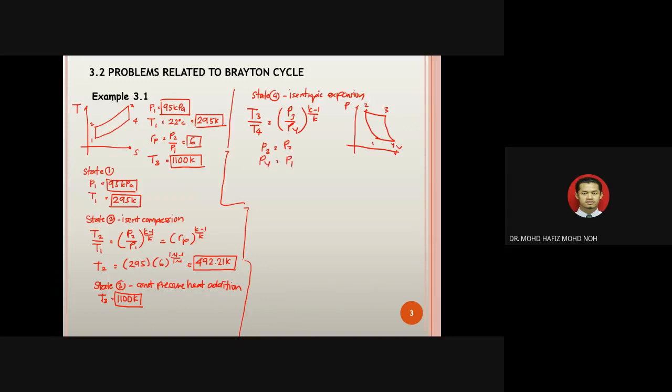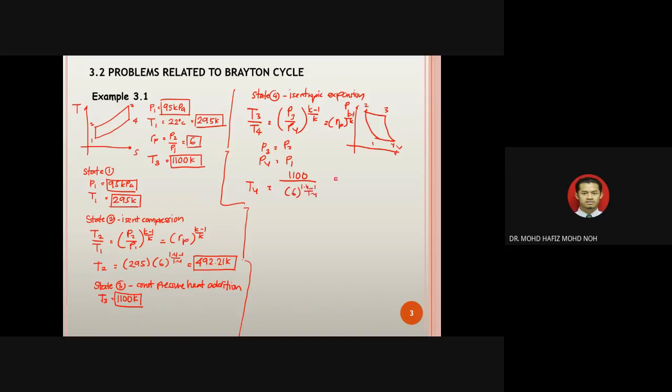So from here, you will get this equal to Rp to the power of (K minus 1) divided by K. So T4 is equal to T3 divided by 6 to the power of (1.4 minus 1) divided by 1.4, with T3 being 1100.